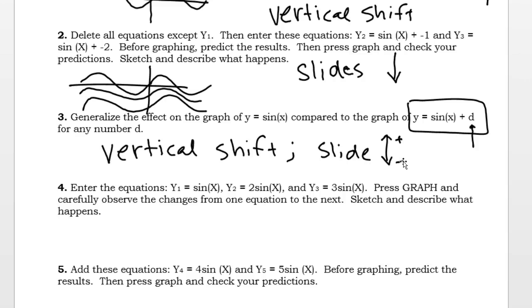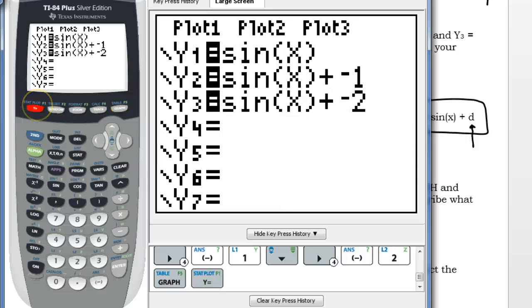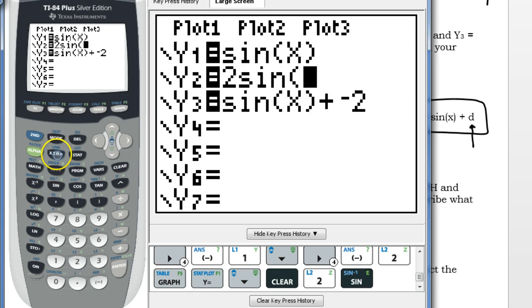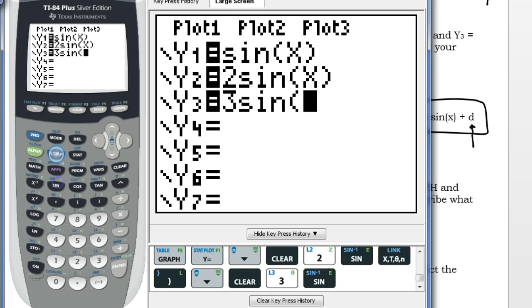The next one wants me to look at multiplying a value, so I have 2 sine x or 3 sine x. Back to my calculator. I'm going to keep my reference equation. I'm going to go 2 sine x. Remember, that's the same as 2 times the sine of x. And 3 sine x, which is the same as 3 times the sine of x.